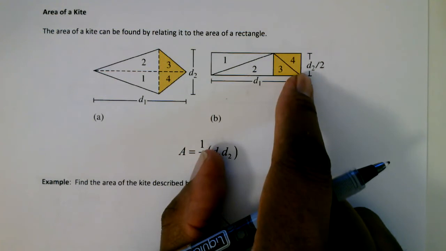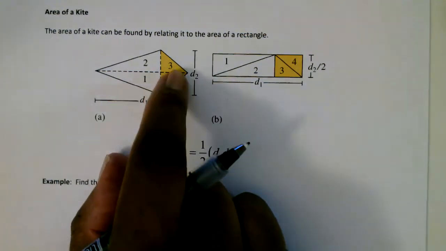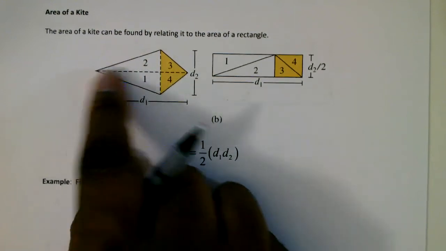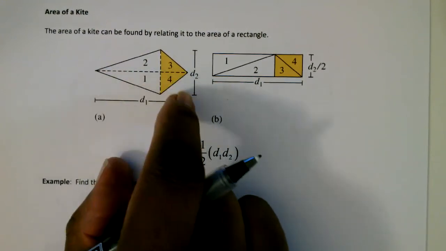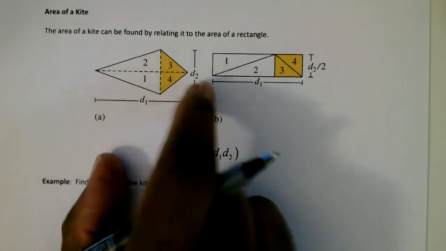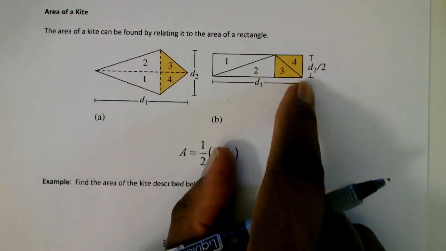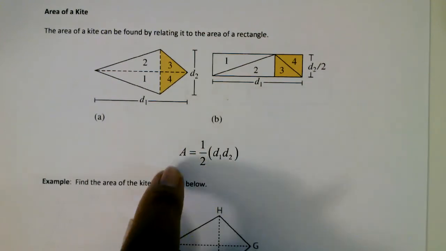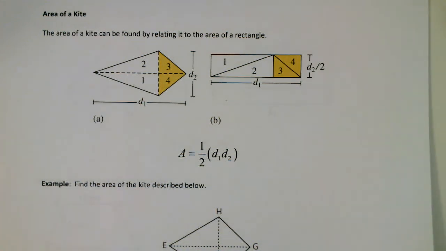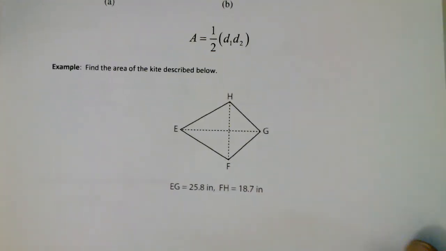This right here is diagonal 2, and this going across is diagonal number 1. So if we put triangle number 4 on top, you're going to have half the second diagonal, which gives the area of a kite. Area is equal to 1/2 the length of the first diagonal times the length of the second diagonal. We're going to use that formula with this example.